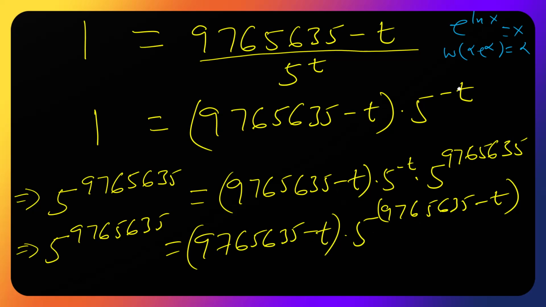And the next thing is to use this one. We will apply this since e raised to ln of anything is that thing. Why are we doing that? Because we want to introduce e, which will pave the way for the W function. So we have 5 to the power 9765635 minus t.